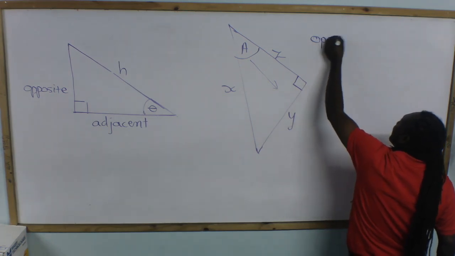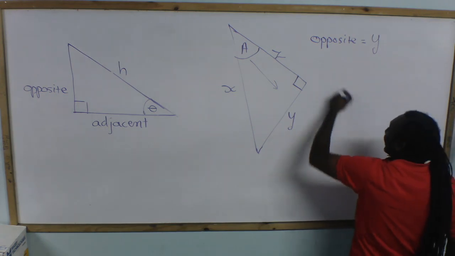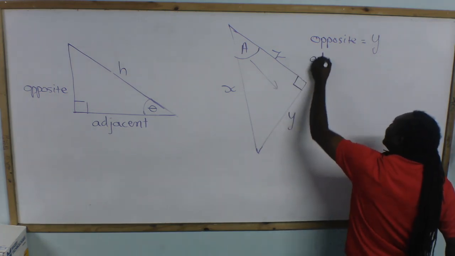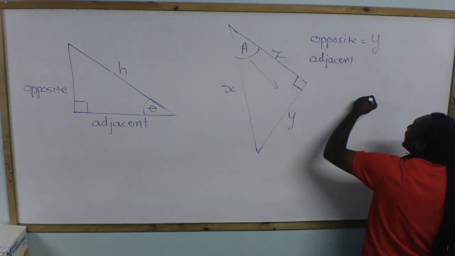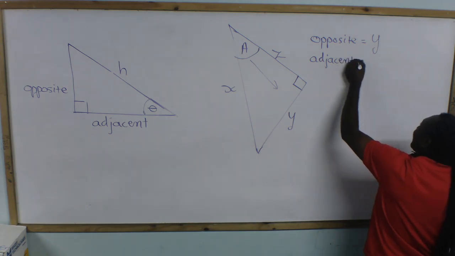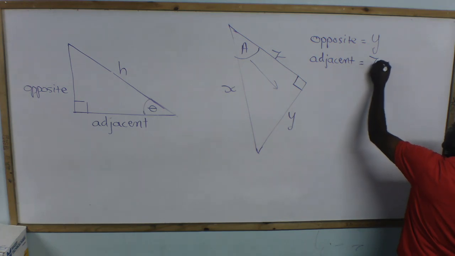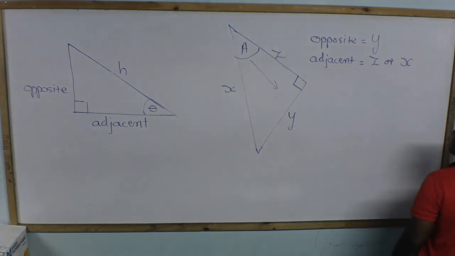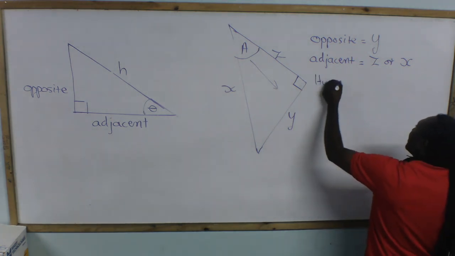So in this particular case, the opposite is Y. With respect to this angle A, which one is adjacent? Z or X? Which one is the hypotenuse?